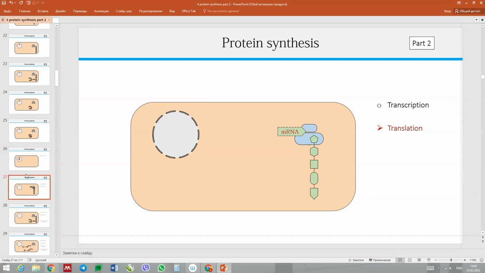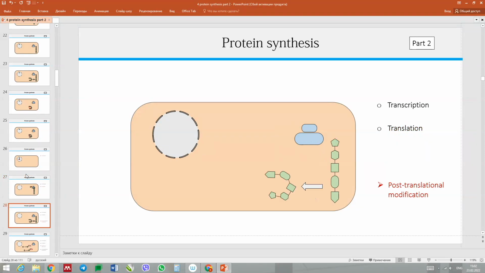When information that is encoded in messenger RNA is used by a ribosome to construct the primary chain of the protein, this is called translation. And acquisition of a special three-dimensional conformation by the chain of the protein is called post-translational modification.